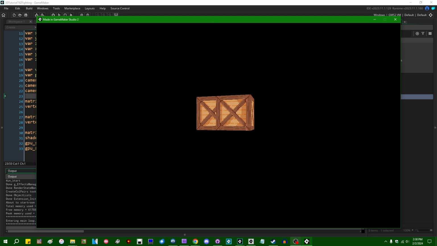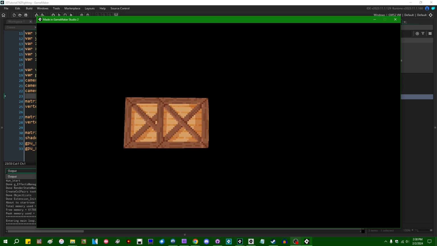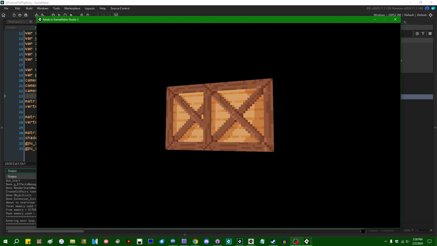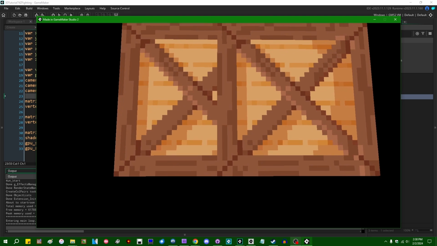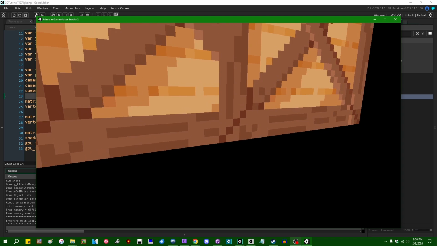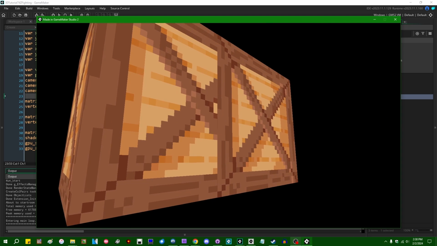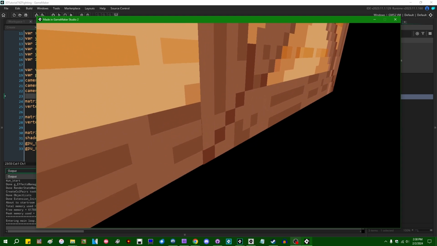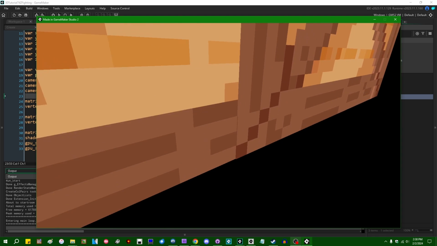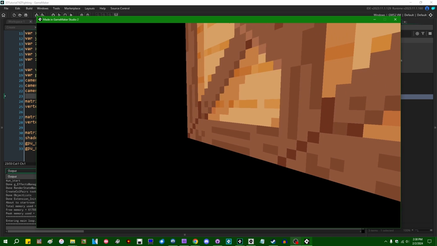And as we can see, as I get close again, it'll stop fighting at some point because the depth buffer is non-linear. It's scaled in such a way so that you have more precision for surfaces that are close to you and less precision for surfaces that are far away from you.